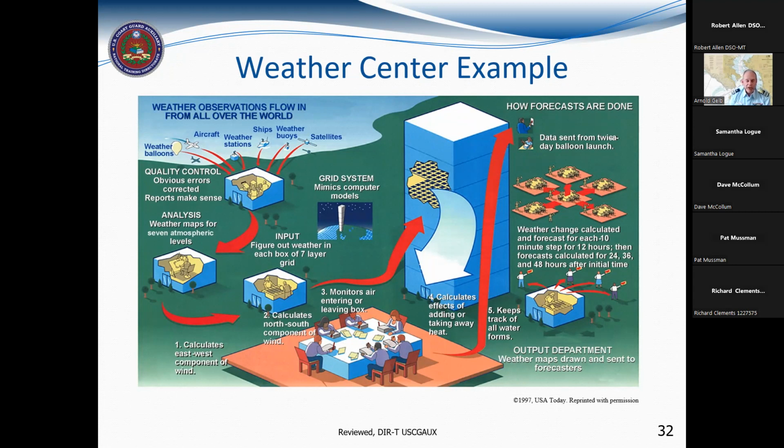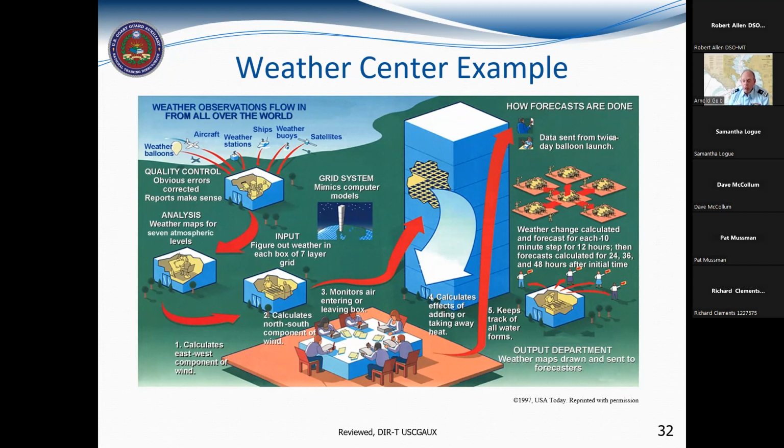The east-west and north-south components of the wind, for example, are calculated, and the software needs to keep track of air entering and/or leaving each of the grid boxes. Then this advection, along with other sources and sinks of heat energy, gets calculated.